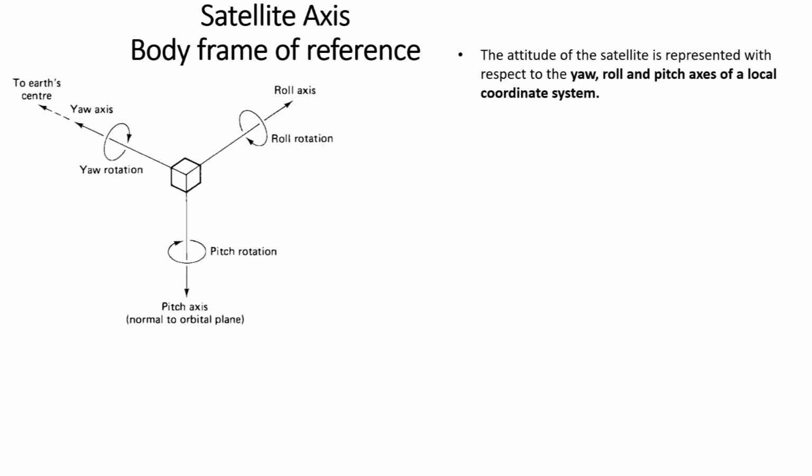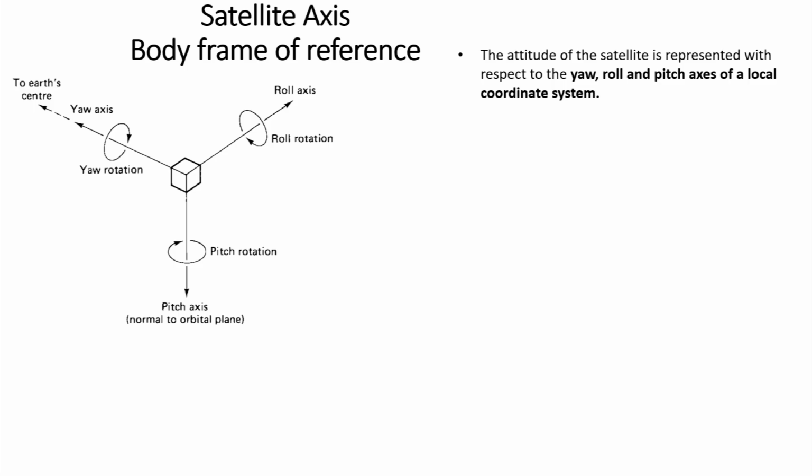Let us now see through some illustration what the body frame and the orbital frame of reference are. You can see this is a satellite. You can consider the center of this cuboid as the center of the coordinate system, and the axes are defined as the yaw axis, roll axis and pitch axis.